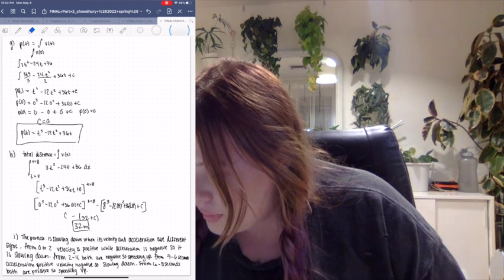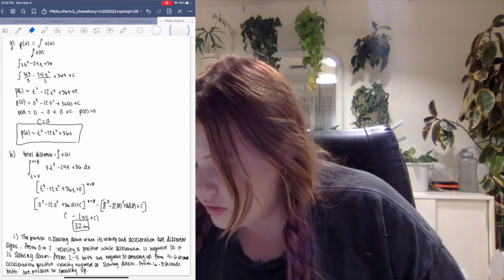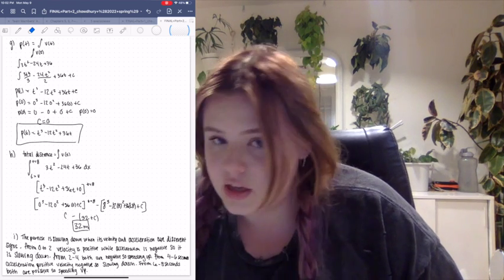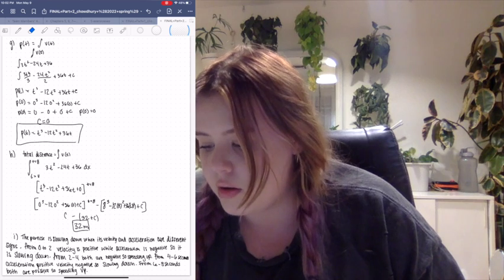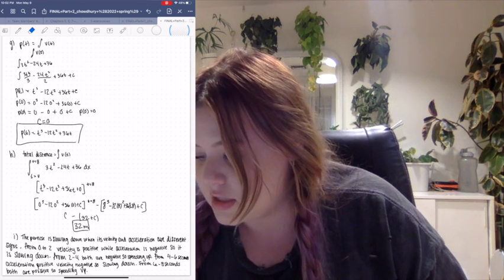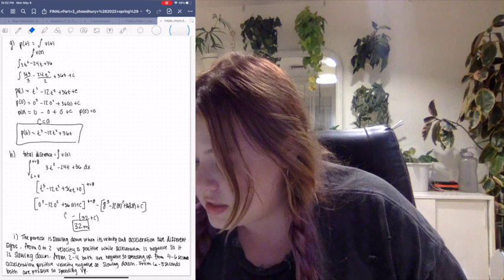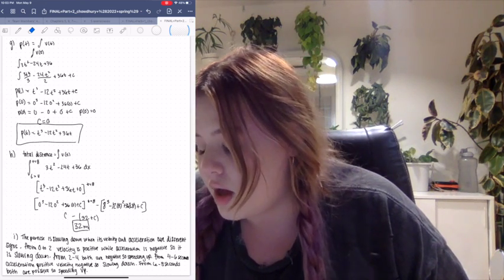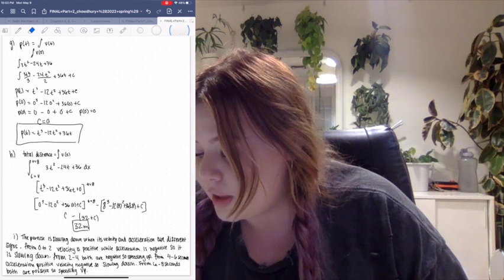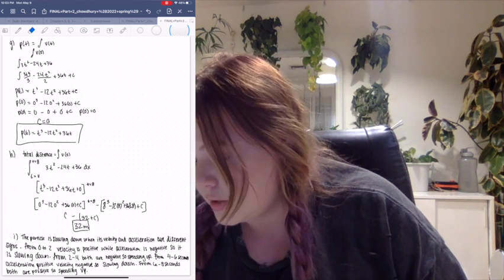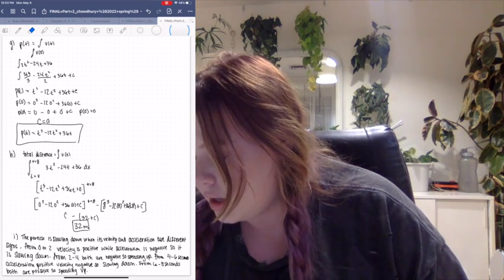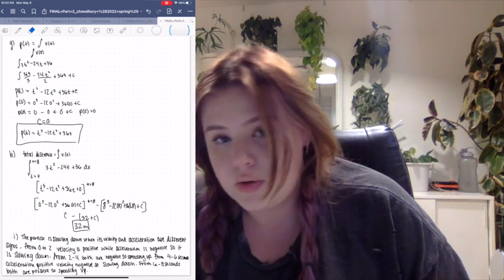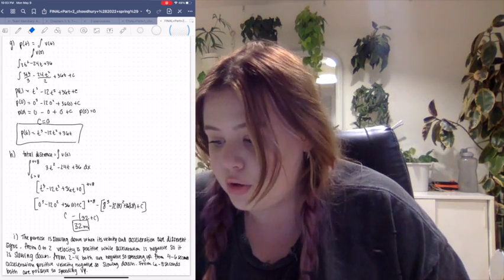And once we have that, we can solve for p of 0 equals 0 to calculate our c. So we set the equation equal to p of 0, which is 0, and plugged all of our t's in at 0, and that gave us c is also 0. So c can be erased from the problem, and that gives you the formula p of t equals t cubed minus 12t squared plus 36t.